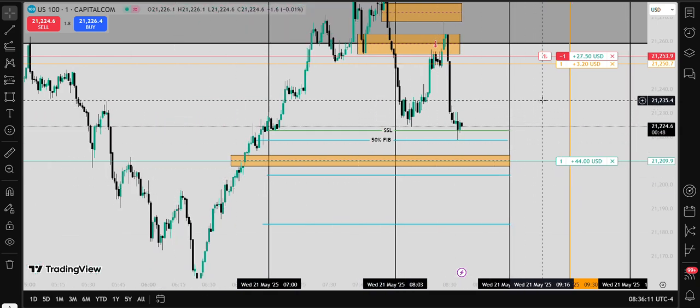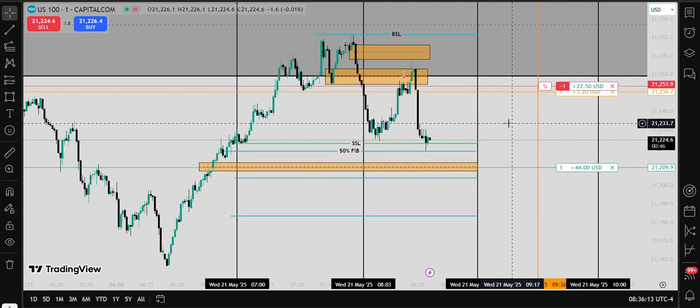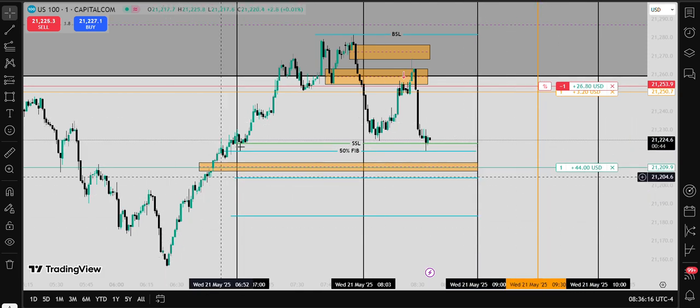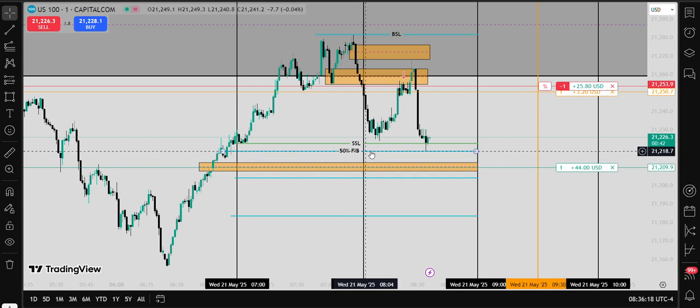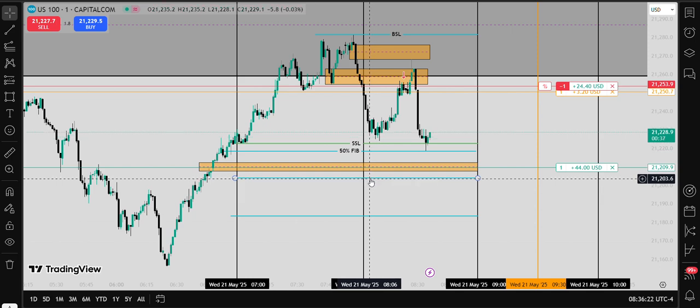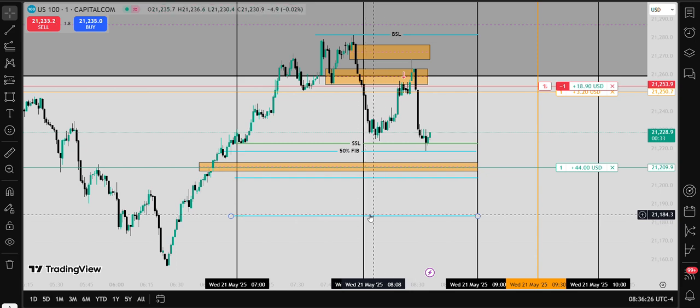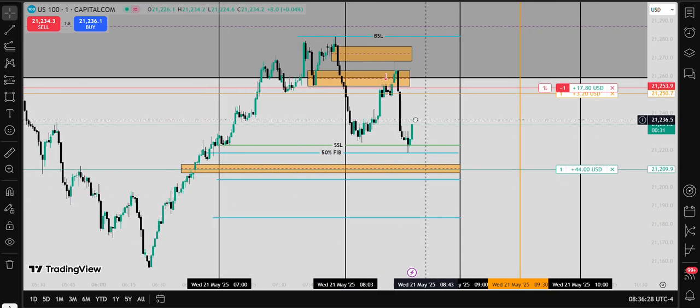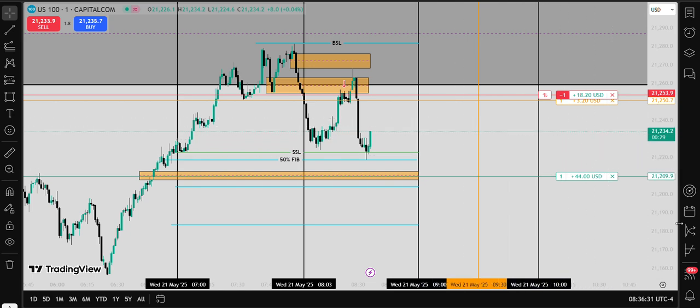The retracement that I'm still talking about is still the same. That is, if you measure from here to here, you're going to get your 50% right here, and your 61% right here, and your 78.6% right here. Let us see what the market is going to do right here.